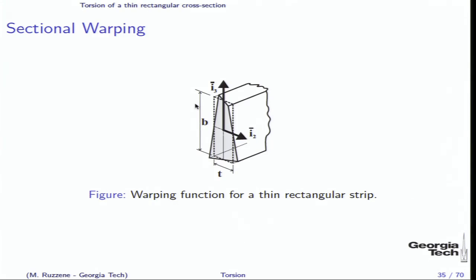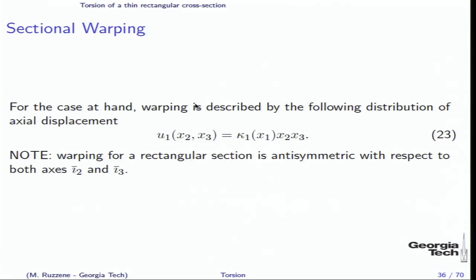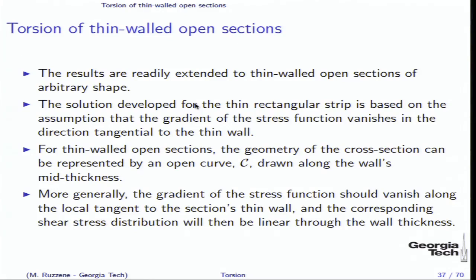So this is how the section warps in the case of a rectangular cross section. And we calculated that. Here x1 just means that kappa 1 is a function of x1, that's all. There is no variable in this expression.